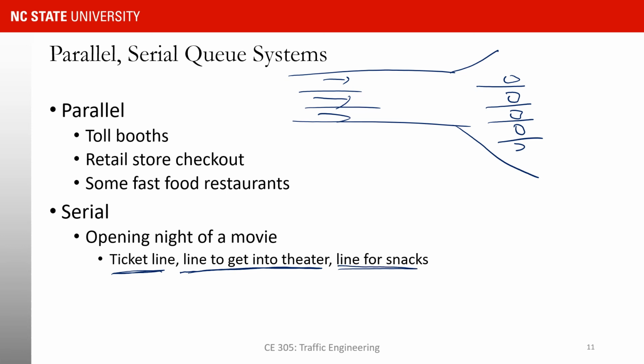And when you want to get to the place that shows your specific movie, there is another line you need to go through too. So you go through several lines, not in parallel but sequentially.